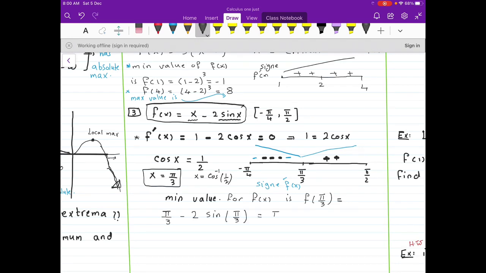This equals pi over 3 minus 2 times the sine of the angle 60 degrees, which is the square root of 3 over 2. So this is equivalent to pi over 3 minus the square root of 3.